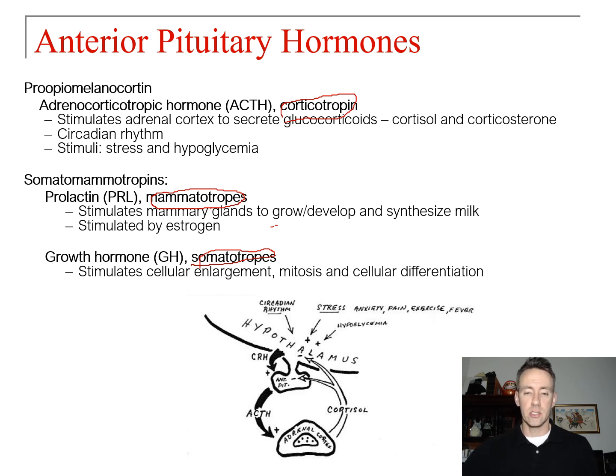And down here in this cartoon, this is just a basic demonstration of a negative feedback loop. We've discussed this when it comes to the thyroid hormone, where TSH is released from the anterior pituitary. That signals the thyroid gland to release thyroid hormone, T3 and T4. When the T3 and T4 levels rise, that signals the pituitary gland to inhibit the release of TSH. And so we have a nice negative feedback loop.